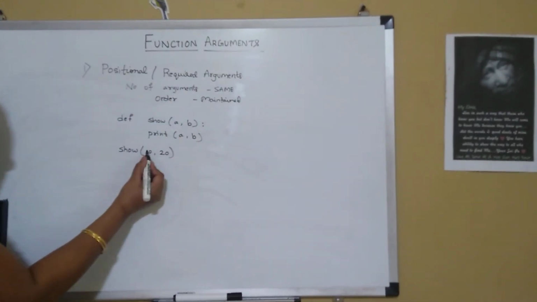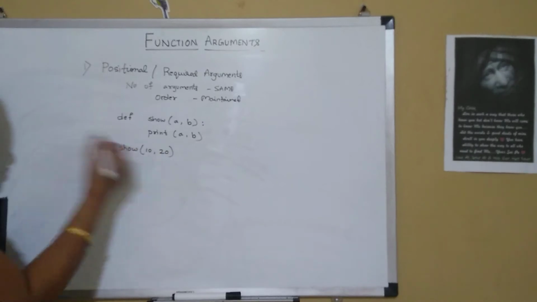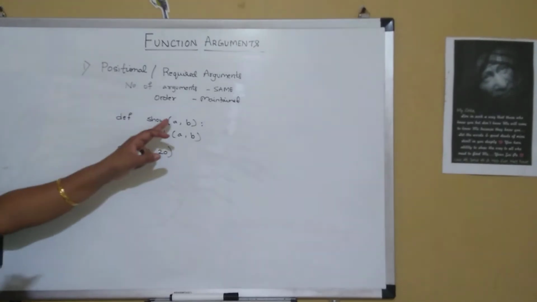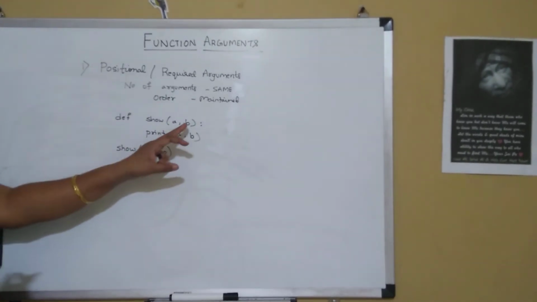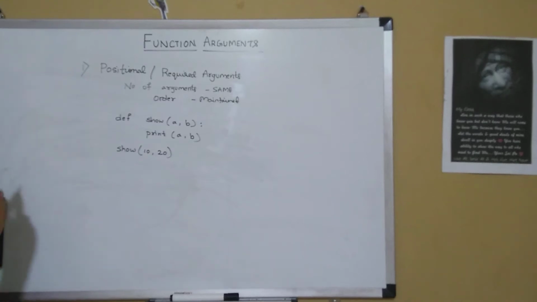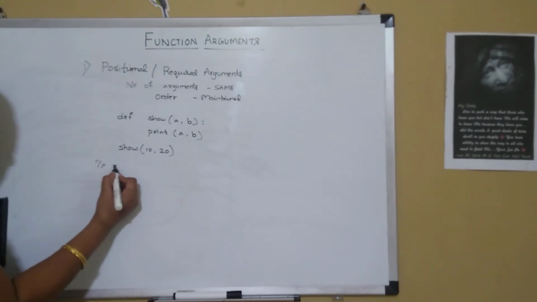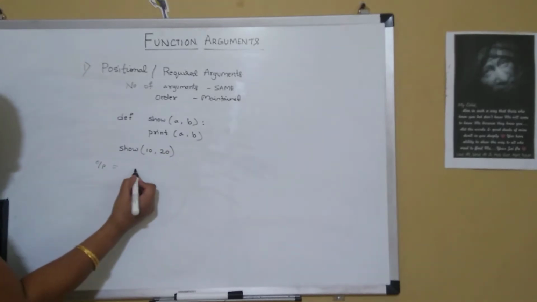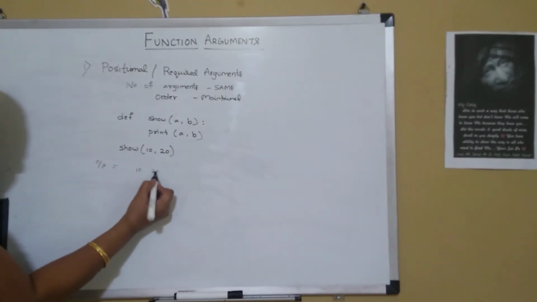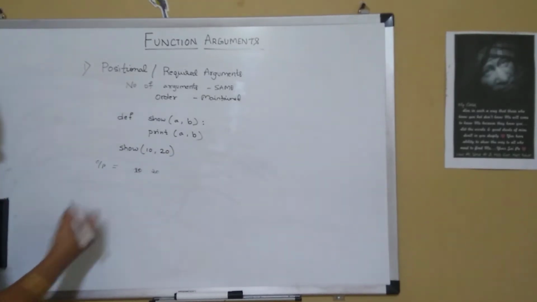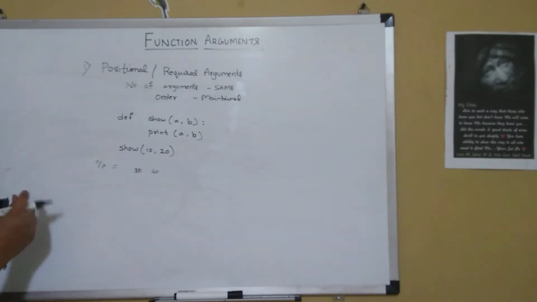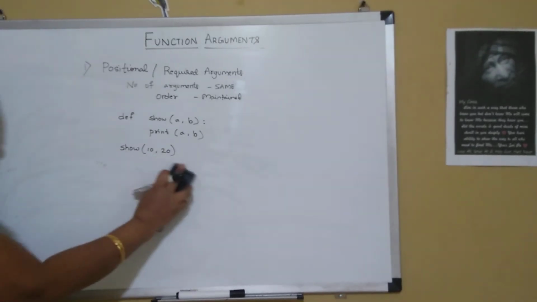So a will have the value 10, b will have the value 20. First value will go to first argument, second value will go to the second argument. So the order also has been maintained. And our output would be print a comma b, that is 10 and then 20. So it prints 10 comma 20 on the console.